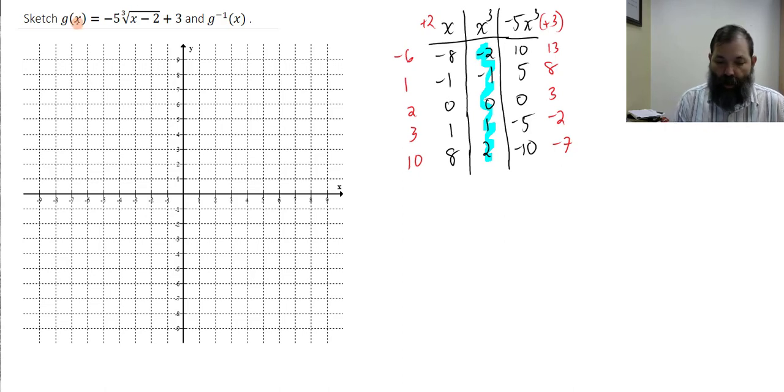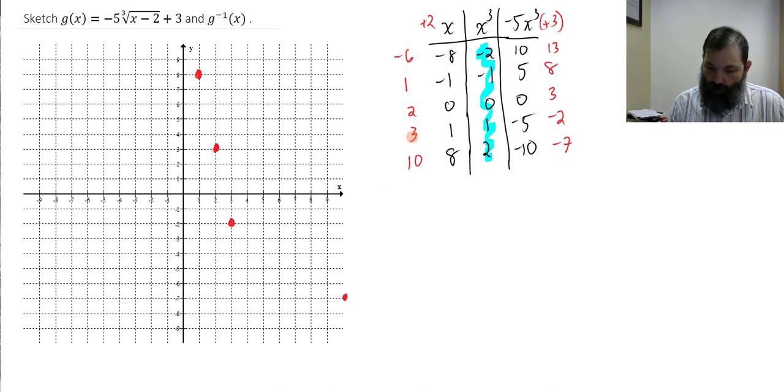All right, so for g of x, I'll go ahead and plot that in red. I have -6, 13, so that's off my grid. 1, 8, 2, 3, 3, -2, 10, -7.